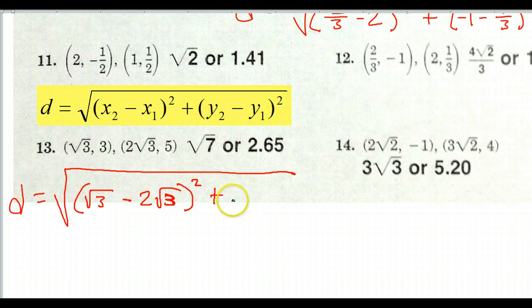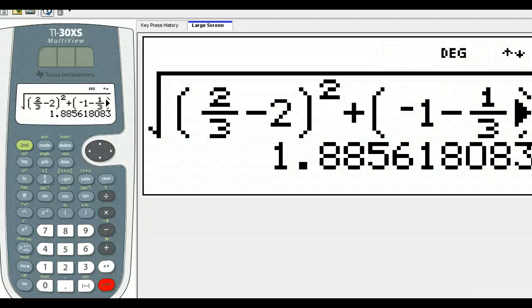Now it's time for y minus y squared. Well, that's easy. 3 minus 5 squared. So it's just a matter of typing this into the old calculator, my friend. Radical 3 minus 2 radical 3 squared. Let's see what happens.